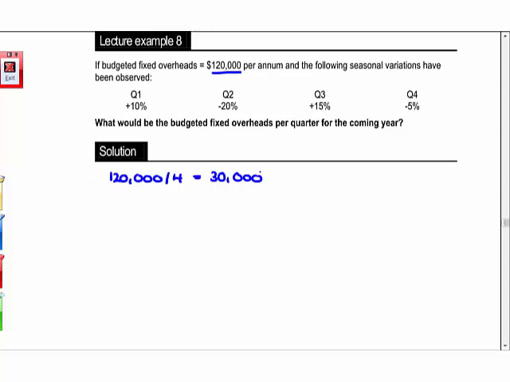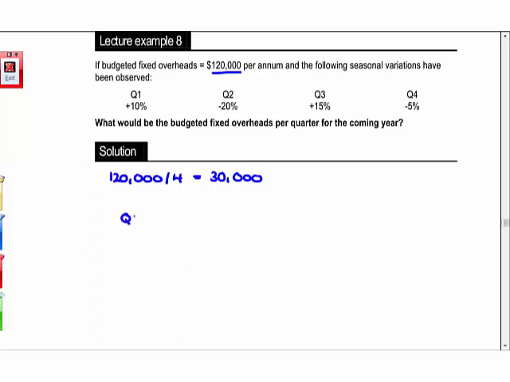So it might be that if our overheads relate to things like electricity and gas, that there are extra heat costs in the winter, so it'll be higher in some of the quarters. Or maybe it'll be higher when production levels are higher. So what we need to do is apply the seasonal variations for each of the quarters.